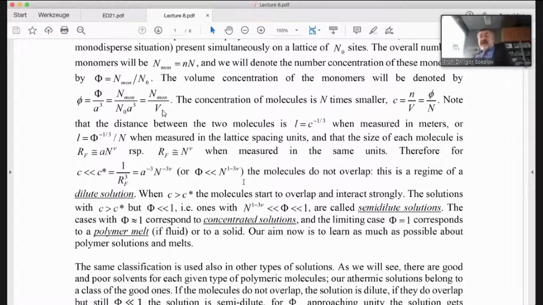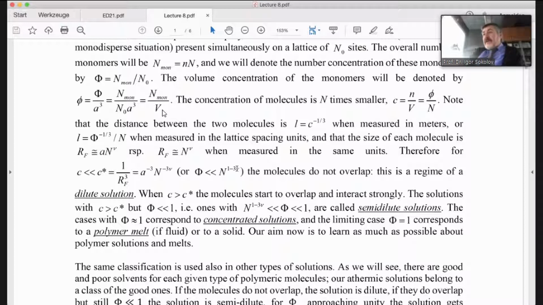But if I count the number of monomers, the concentration of monomers phi at this characteristic concentration corresponding to the beginning of overlap, is N to the power of 1 minus 3 nu.